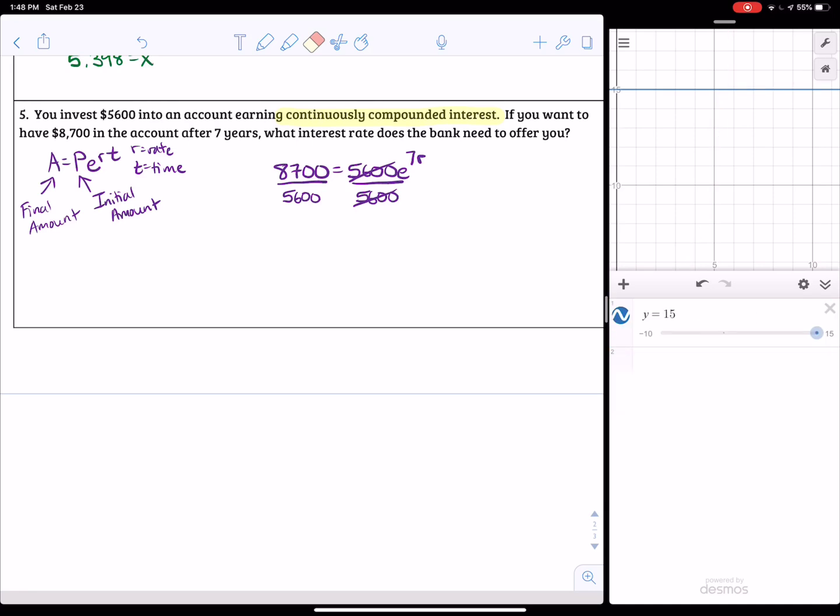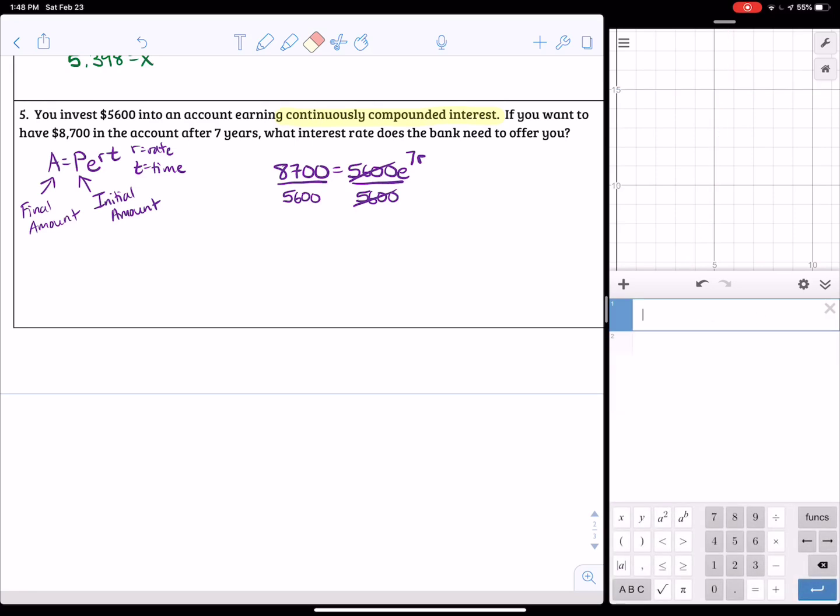that little e. So I'm just going to use Desmos for a calculator over here on the right since I already have it open. So 8,700 divided by 5,600 gives me, let's say 1.55. 1.55 equals e to the 7r power.